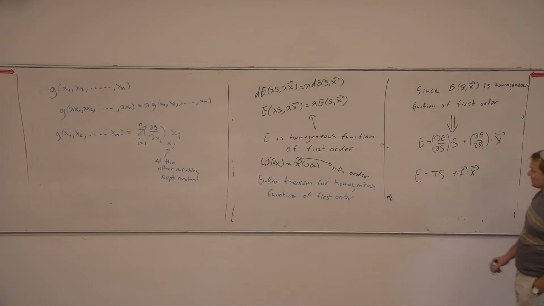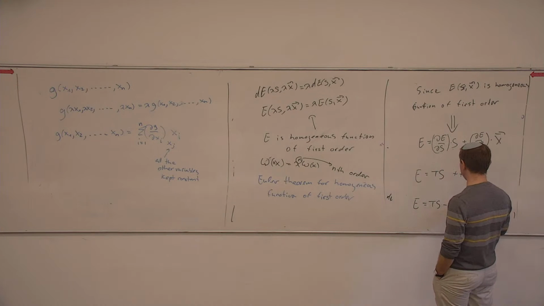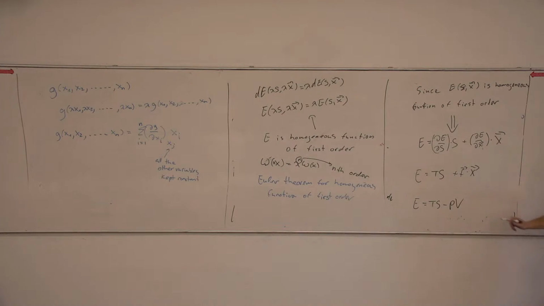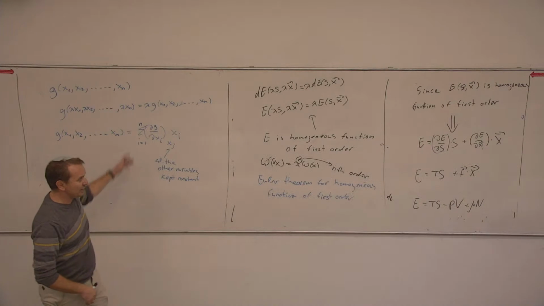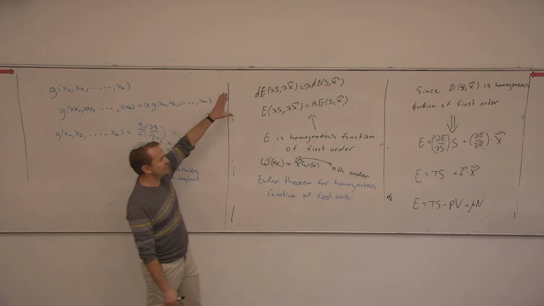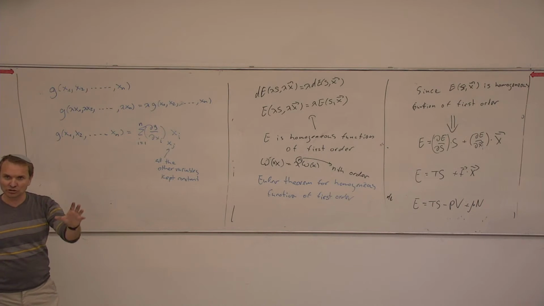For example, E equals TS minus PV plus mu N, and etc. It has to be satisfied always due to extensivity. All of this, specifically this, is the assumption that we started with in the first lecture.